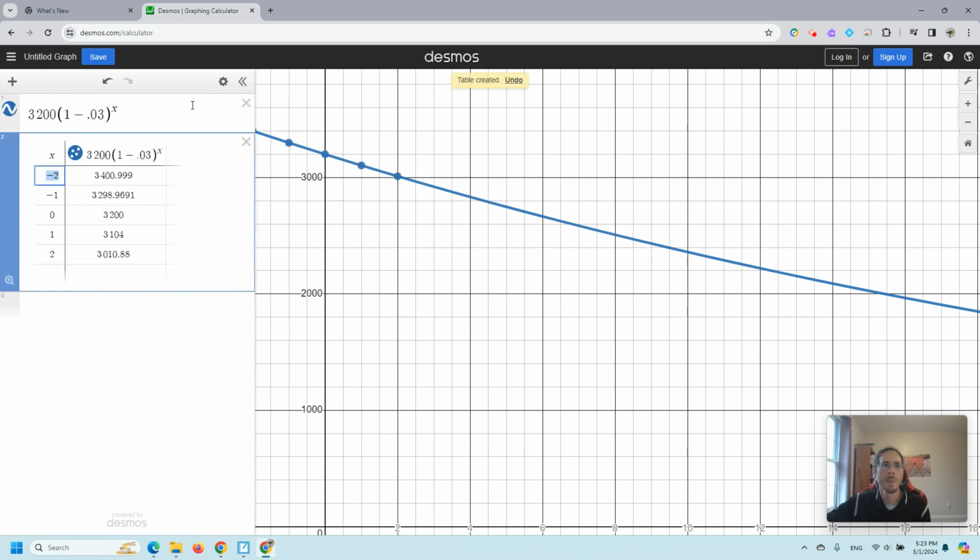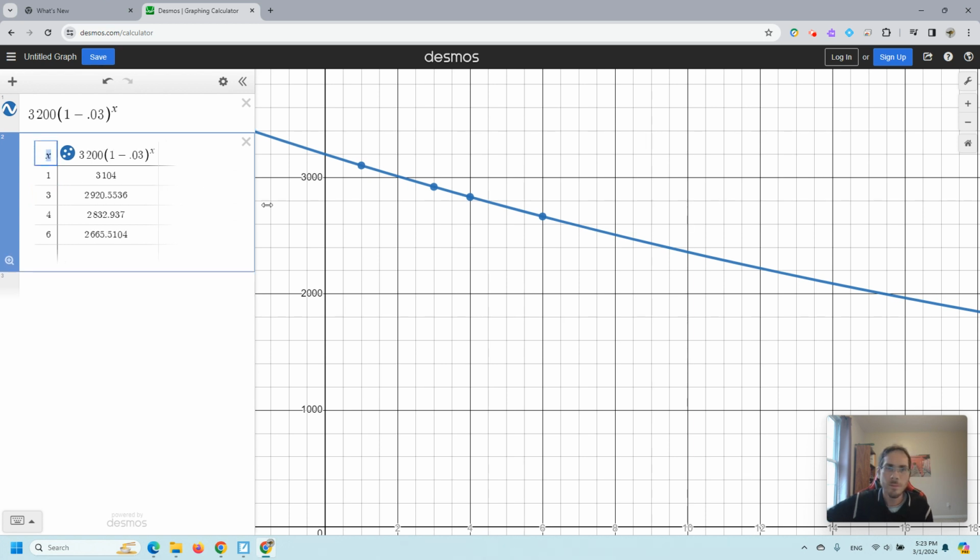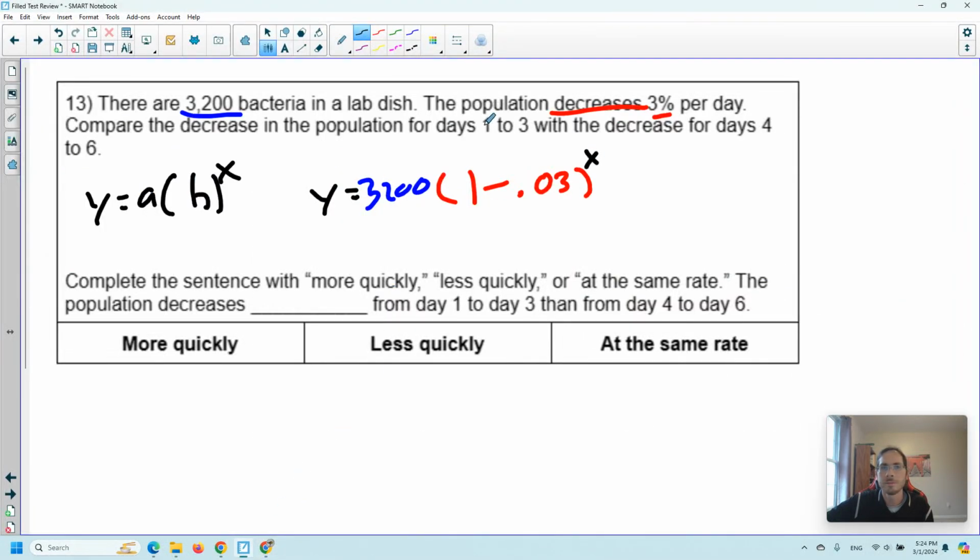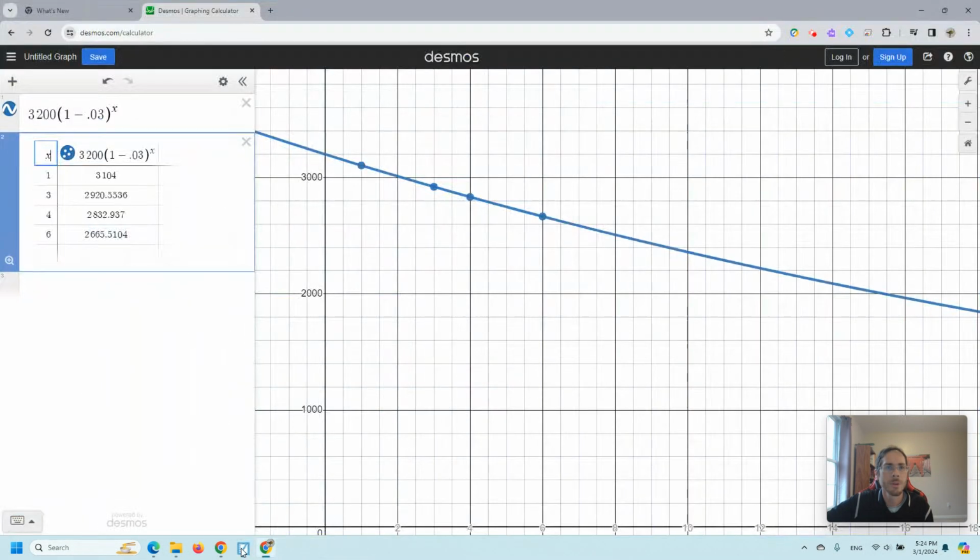Hit the gear, make the table, and say I want to go from 1 to 3 and from 4 to 6. So I've got some of my dots. Let's get rid of the other ones that I don't want. So I got to figure out if that line is steeper than that line. So let's see. If we got 1 to 3, we can see the difference.